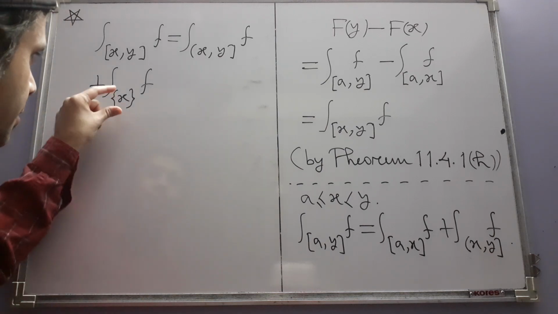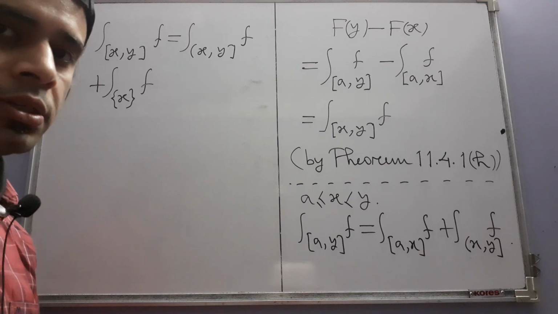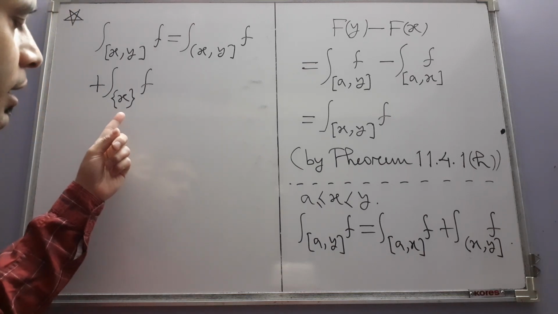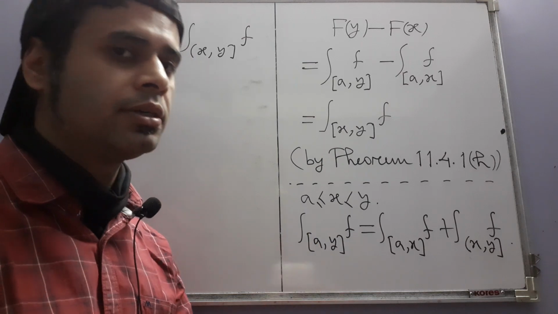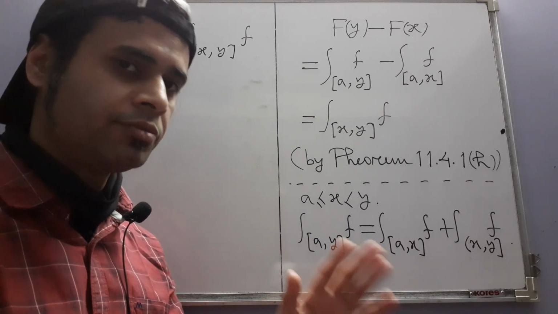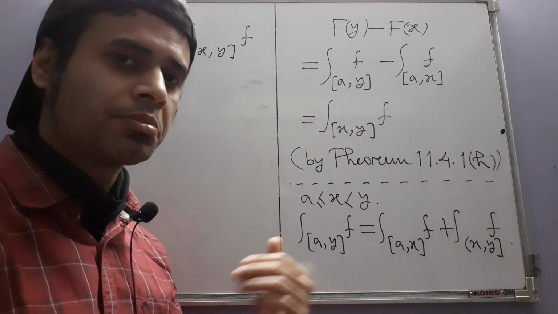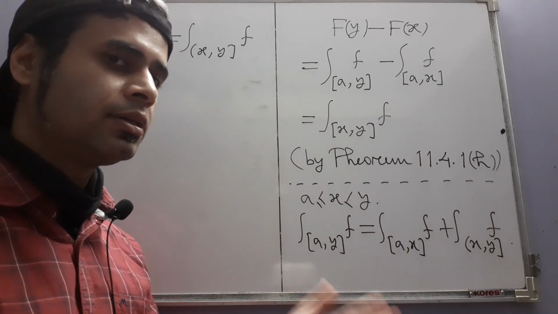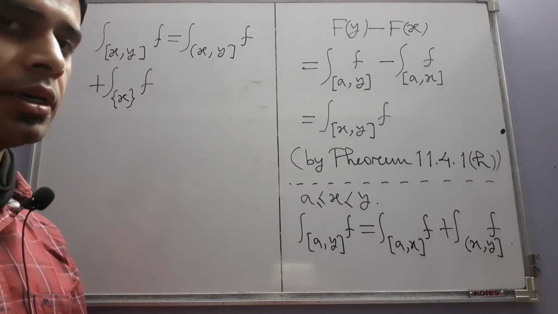Why? Because this is a degenerate interval. You apply the definition of Riemann integral over a degenerate interval, you will see that you get 0. You apply the definition itself. You take majorizing functions, minorizing functions, their integrals. You apply that definition, you will see that you get 0 here.